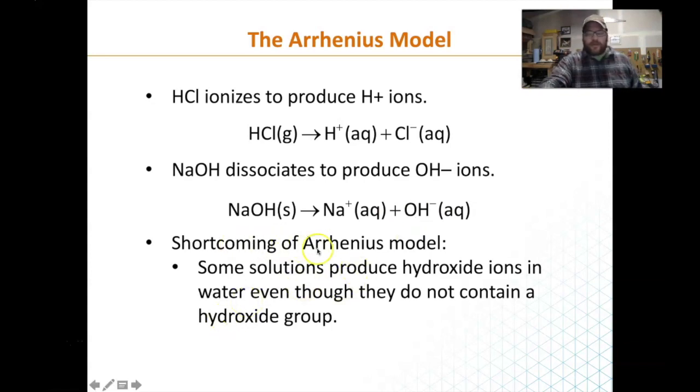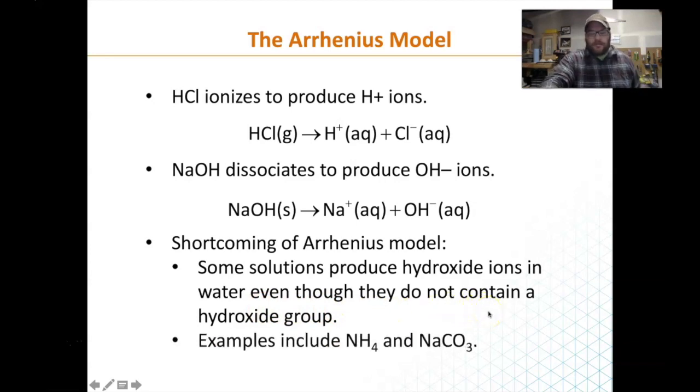So here are some of the shortcomings of the Arrhenius model, and this is why we need multiple models for acids: some solutions produce hydroxide ions in water even though they don't actually contain hydroxide. So the case here most commonly is ammonia.